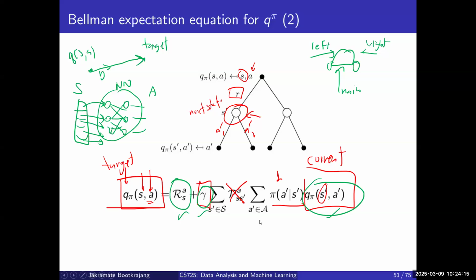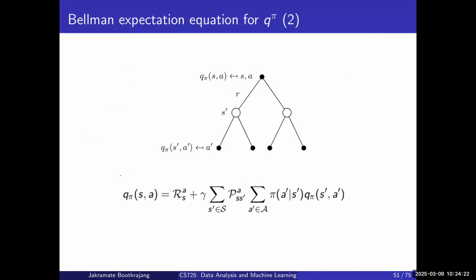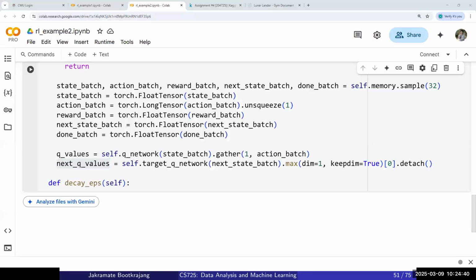So we have the Q value, you have the next Q value. If you look at this, this is the Q value, the Q value is here. This is the next Q value. And we want the target.